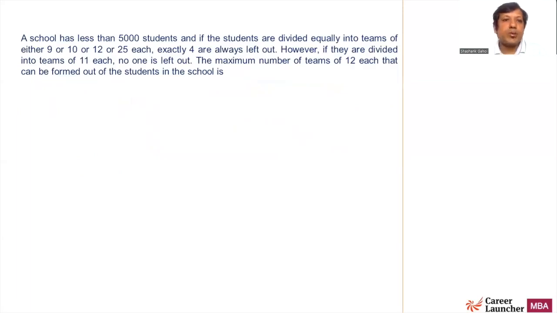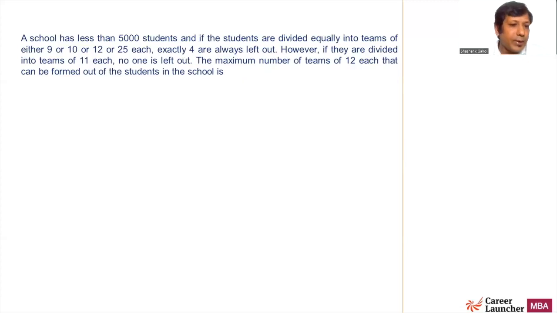Now let's start question number 6. Question number 6 says that a school has less than 5,000 students. If the students are divided equally into teams of 9, 10, 12, and 25, it is definitely a question of LCM. In that scenario, exactly 4 students are left out.